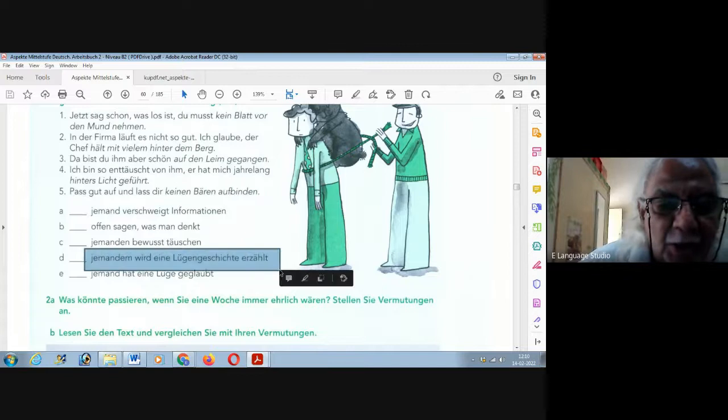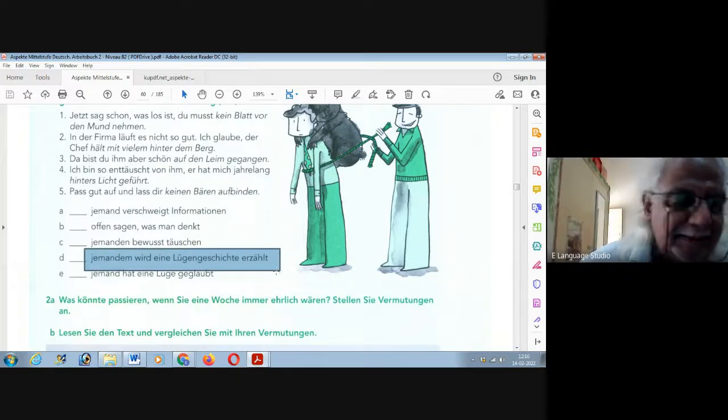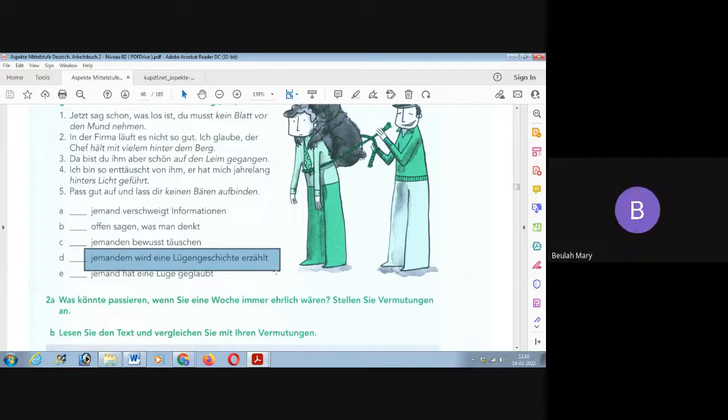Jemandem wird eine Lügengeschichte erzählt. Dativ, so, to someone. Pass gut auf und lass dir keinen Bären aufbinden.